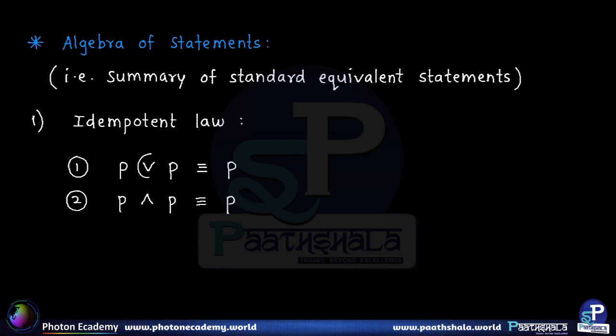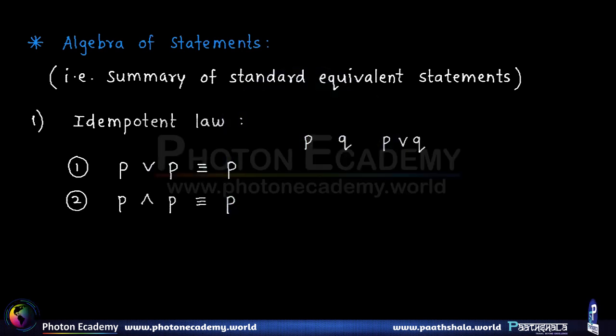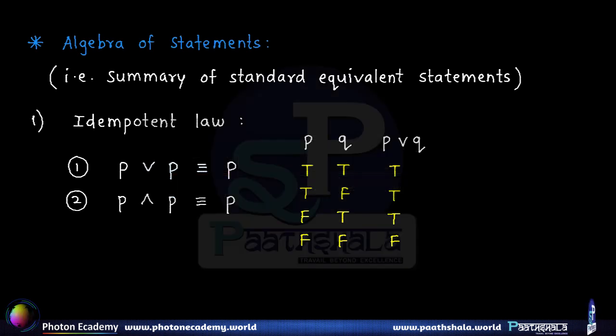Since the first one talks about the OR, let us recollect the truth table of P or Q. We know that it is TT, TF, FT and FF, and for OR it is all true except when both are false, where the OR is false. Now what does P or P mean?